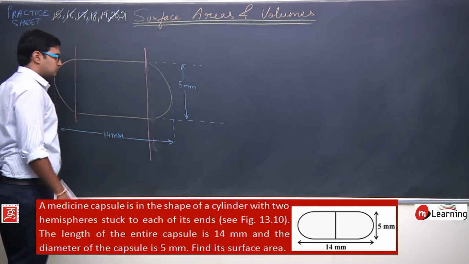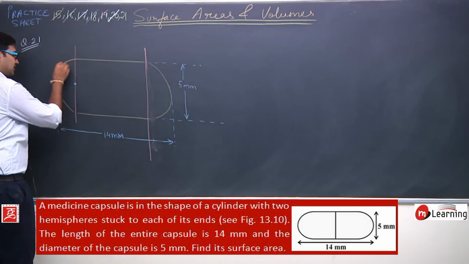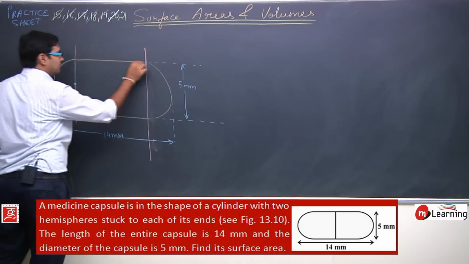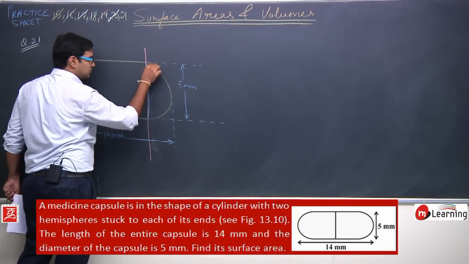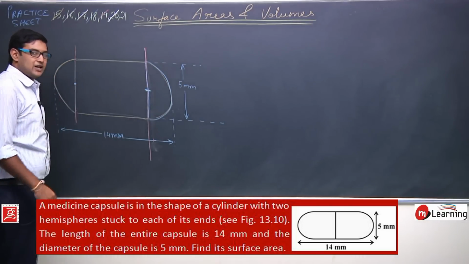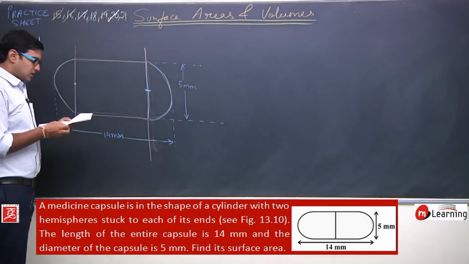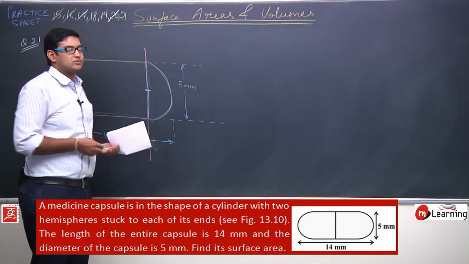Like this, where this part is a hemisphere, and this is its center. This middle portion is a cylinder and this end is also a hemisphere, and let us say this is the midpoint of this hemisphere. Now we need to determine the surface area of this particular capsule.